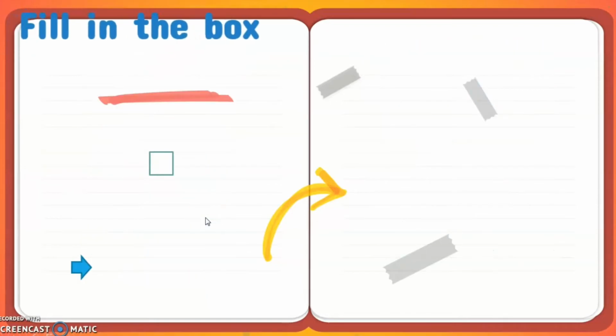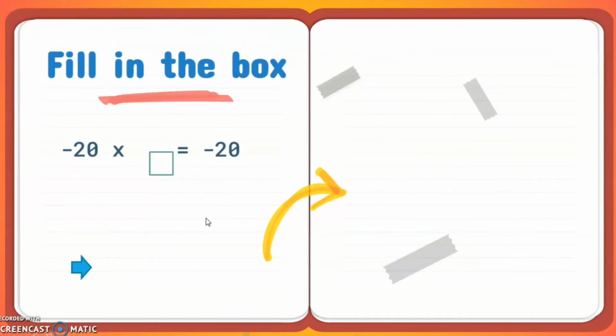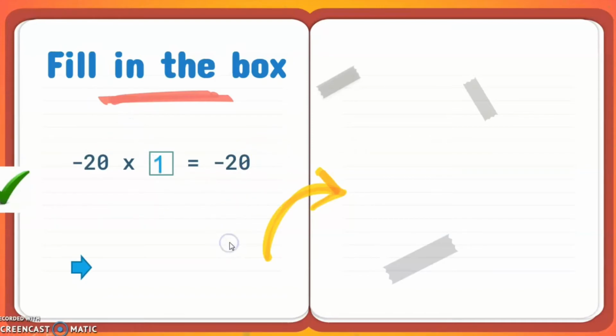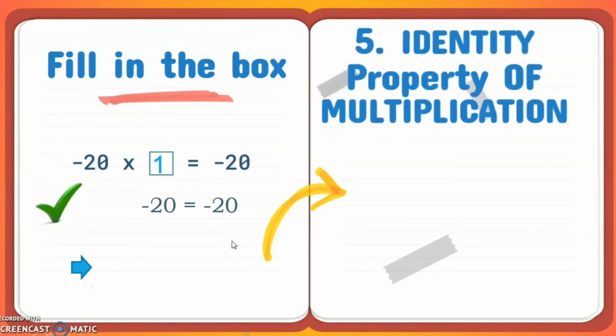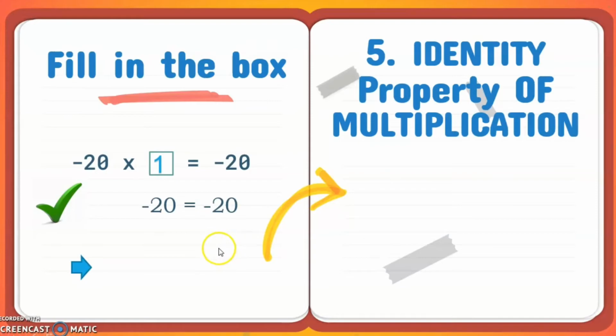The next one, fill in the box or fill in the blank. For example, negative 20 times blank is equal to negative 20. Ano naman kaya ang pwede mong i-multiply sa negative 20 para ang result, negative 20 pa din. So, ang sagot is 1. Okay, that's right. So, 1. So, ito yung tinatawag nating identity property of multiplication.